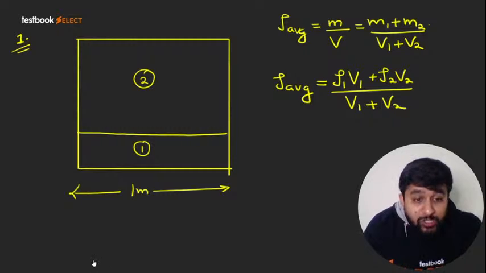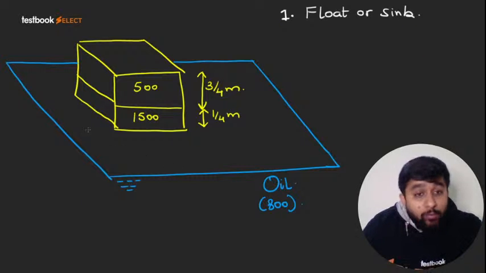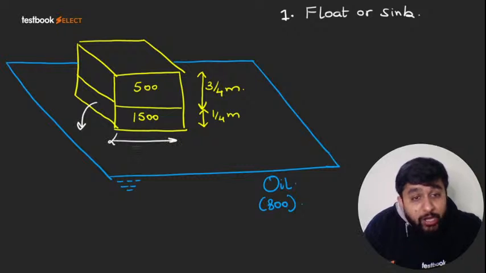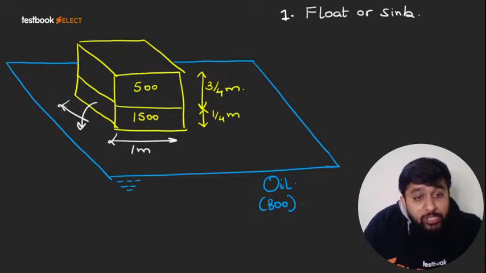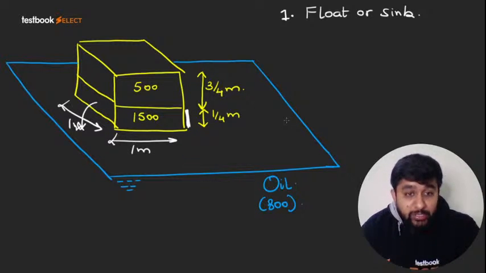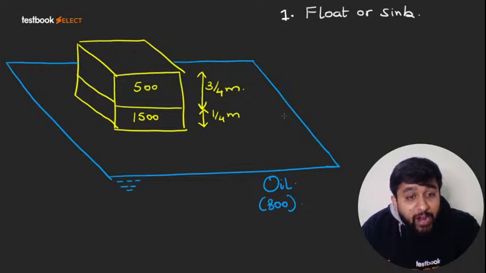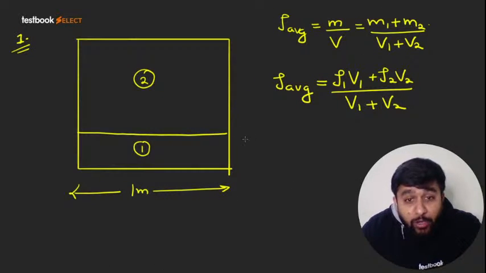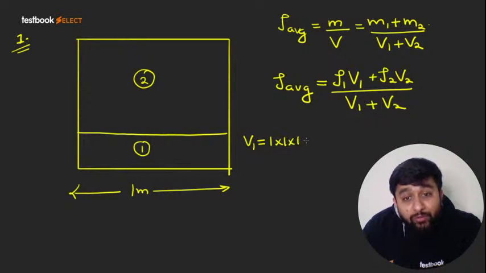Now check for yourself. How much will be the volume of portion 1? I think this is 1 meter, this is 1 meter, this is 1 meter. And the height of portion 1 is 1 by 4 meters. So obviously, when we are talking of portion 1, its volume is equal to 1 into 1 into 1 by 4.